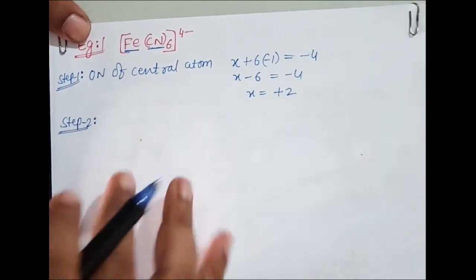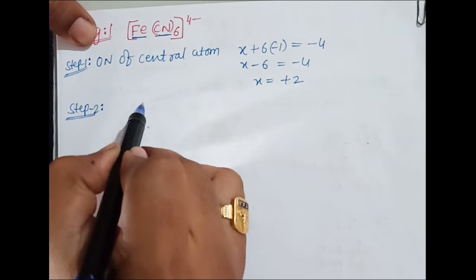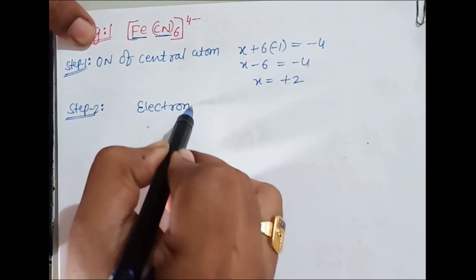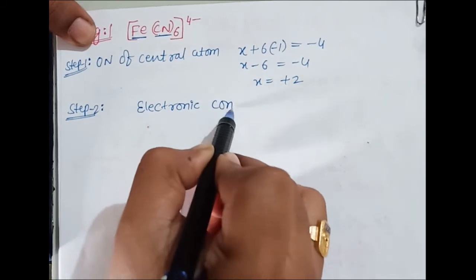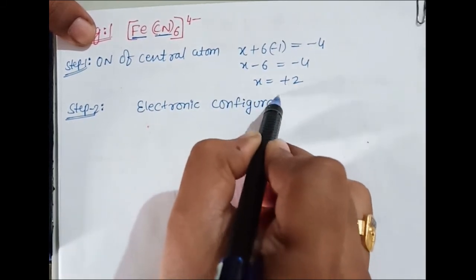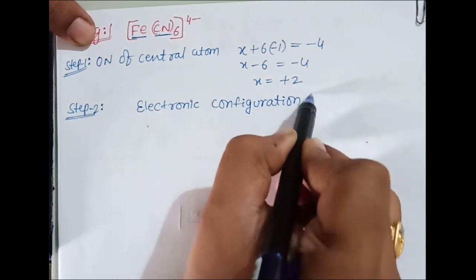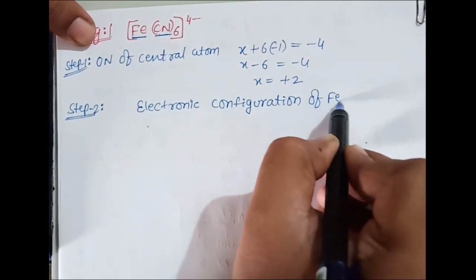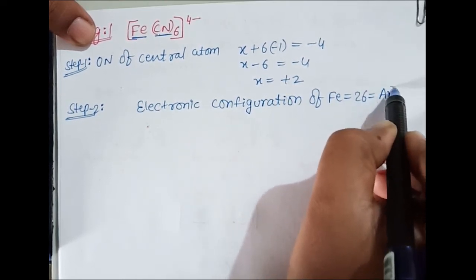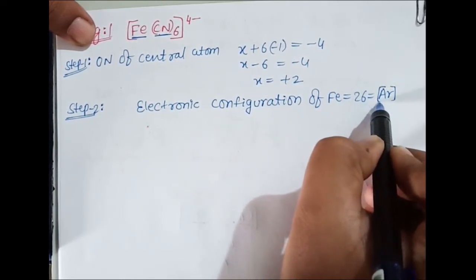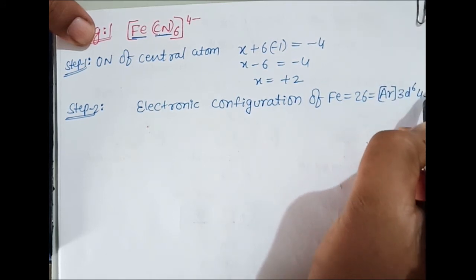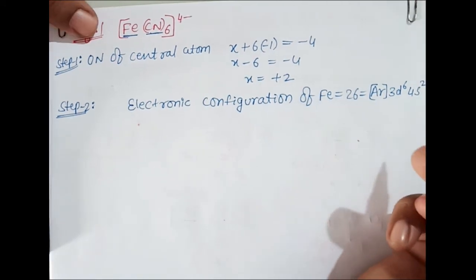Now step 2. What should I do? Write the electronic configuration of iron. This is the long method I am telling you. At the end of the video I will tell you a shortcut. Electronic configuration of iron: iron number is 26, so its electronic configuration is argon 3d6 4s2.